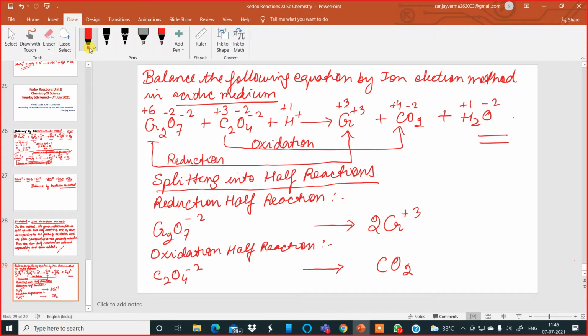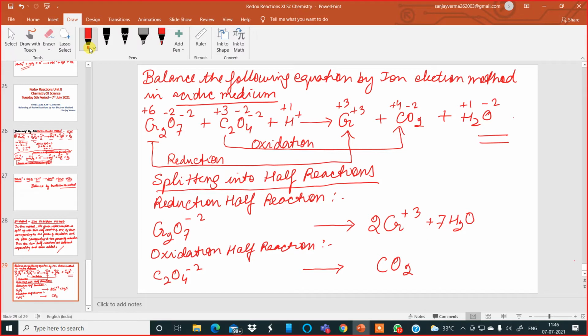Now after balancing the chromium atom, I will balance the oxygen. There are 7 oxygen atoms over here. So to balance oxygen atoms, I have to put the same number of water molecules on the other side. So I'll put 7H2O, 7 water molecules.